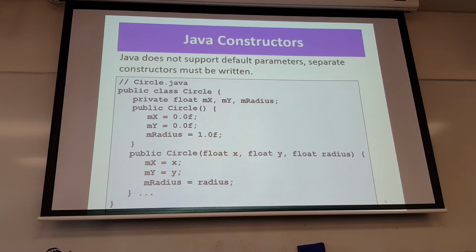In C++, you can combine them in one via default values. Another thing which is different, in C++ we use initializer lists. They are not available here. All right, so these are some of the differences.